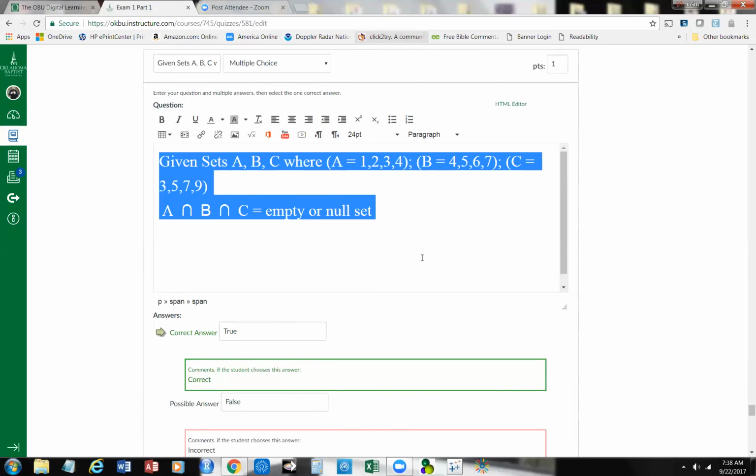If you take the intersection of B and C, you get 5. That's what they share. 5 is not in A, so you have an empty set. If you take the intersection of A and C, they don't share any elements, and that means it doesn't share any elements of B. So this is like a multiplication problem, and so a null or an empty set is true.